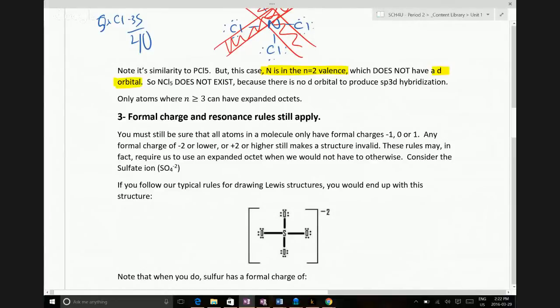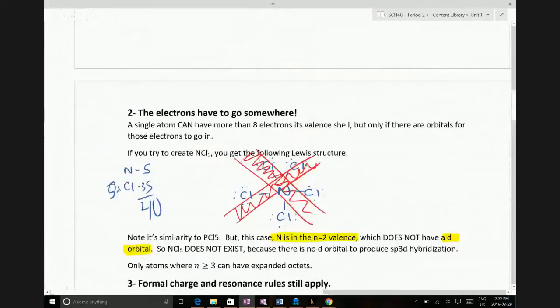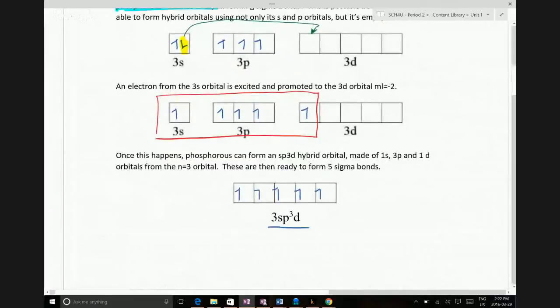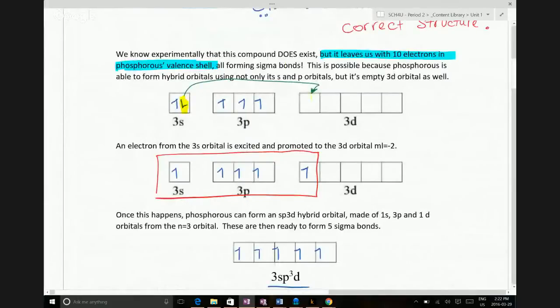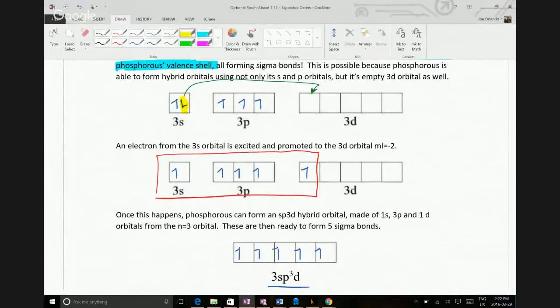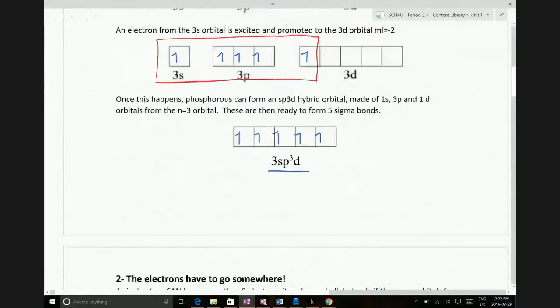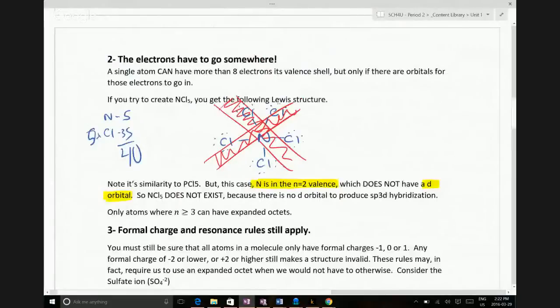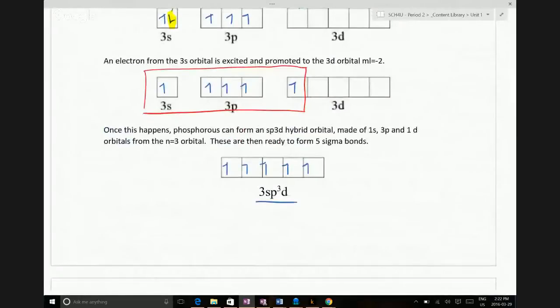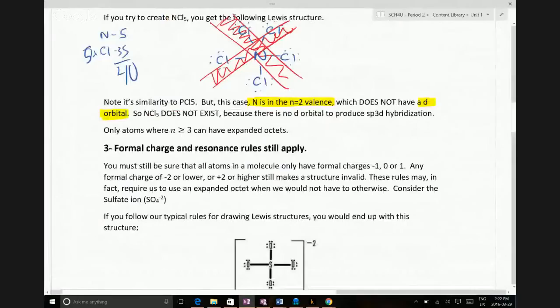So NCl5 doesn't exist because the way that this happens is, remember, that 3s electron gets promoted to the 3d shell. Well, there's no such thing as a 2d shell, so there's no way to promote an electron to a d orbital and give us this sp3d.